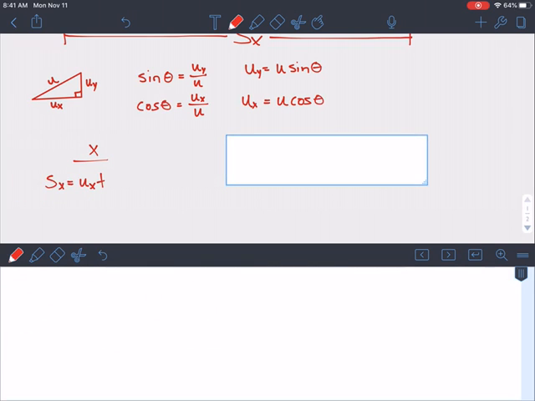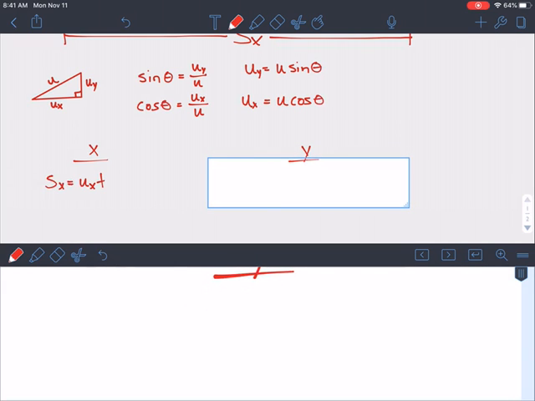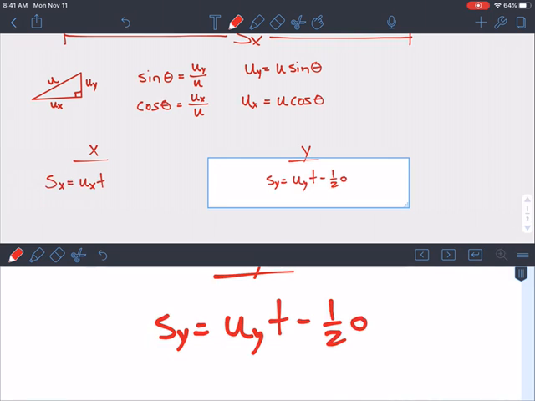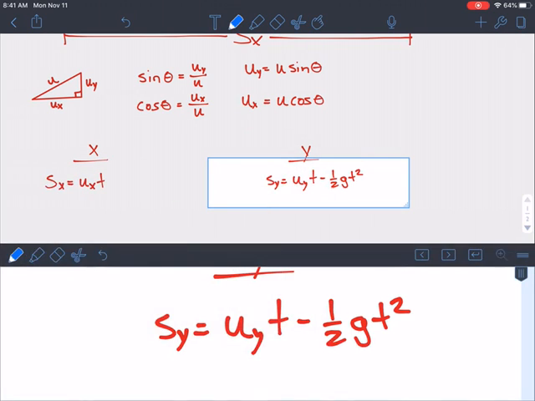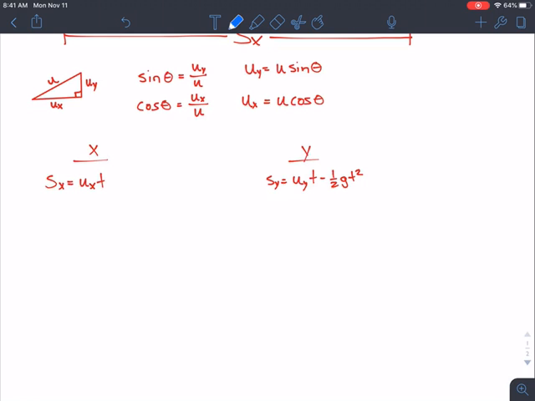And then in the y direction, so far there's really only been one equation that has been helpful, and that was Sy equals uyt minus 1/2 gt squared. So now let's go ahead and take this and plug it in where we see uy, and let's plug this in where we see ux.